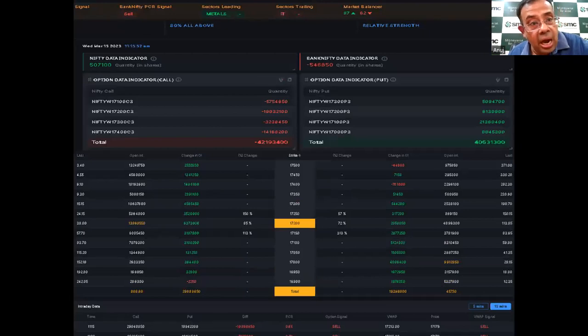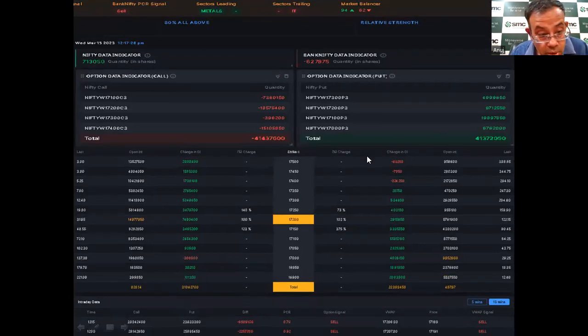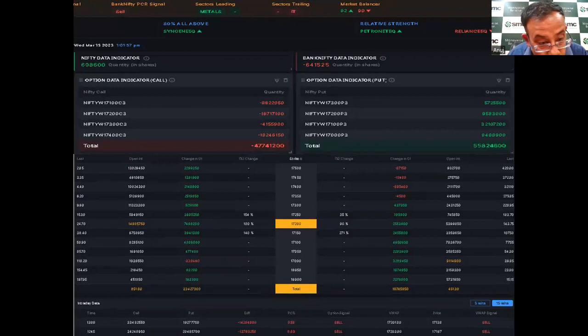Here you can see the similar pattern happened again at 11:15. Further unwinding happened. Look. So you are pretty much sure that this trend will continue. Eventually, you may see further deterioration of market data.